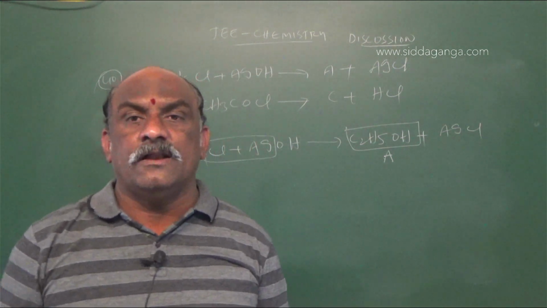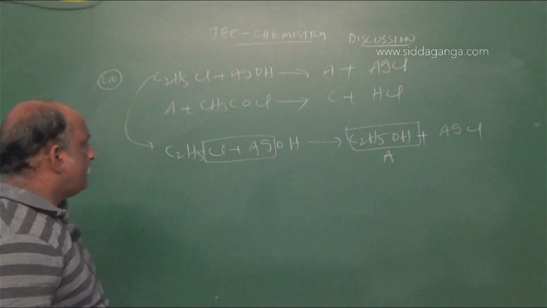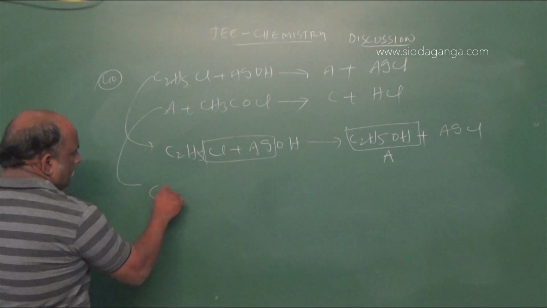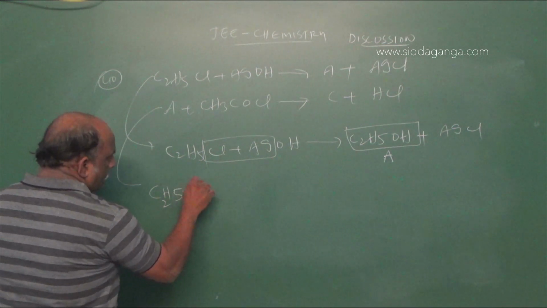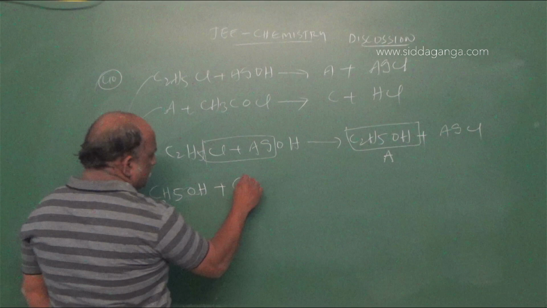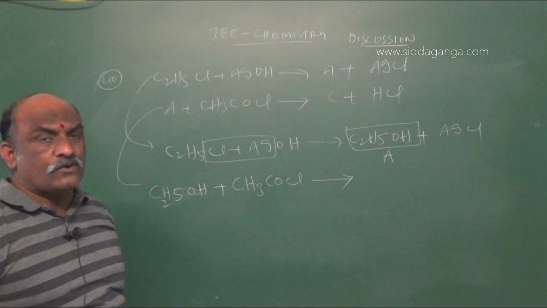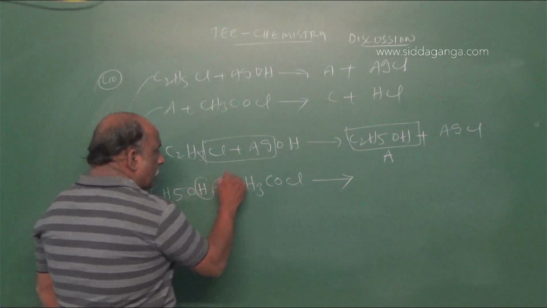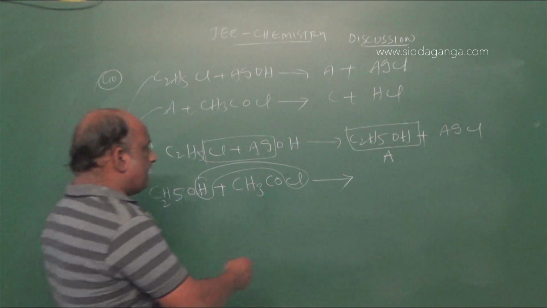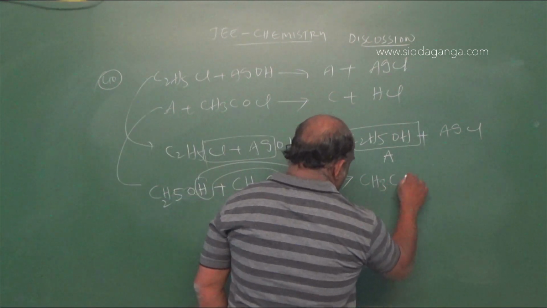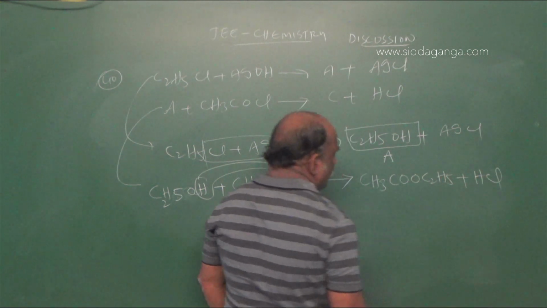What is A? Ethyl alcohol. Then next is CH3COCl. Remove HCl. What remains is CH3COOC2H5 plus HCl.